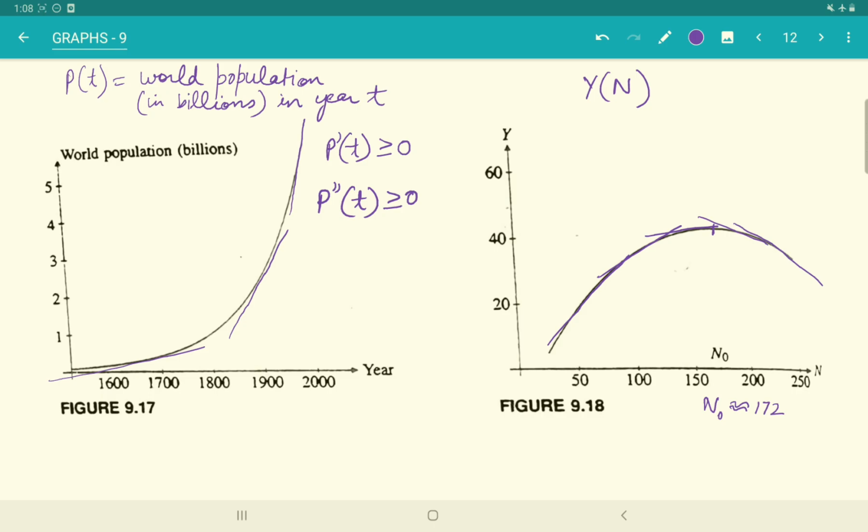The point to note here is that the slope becomes larger and larger in the negative direction. What I'm trying to say is that as n is greater than n naught, if you keep on increasing n, you are going to get a larger and larger decrease in y, the larger n is.